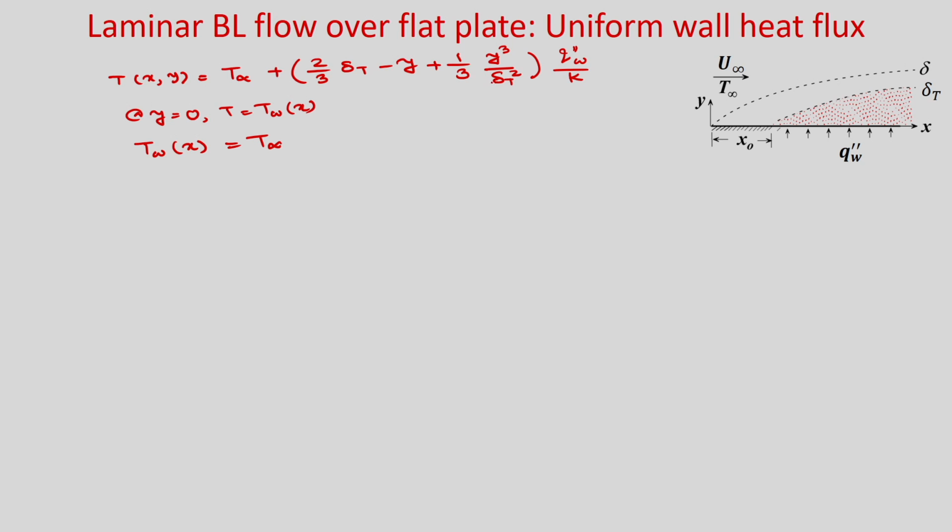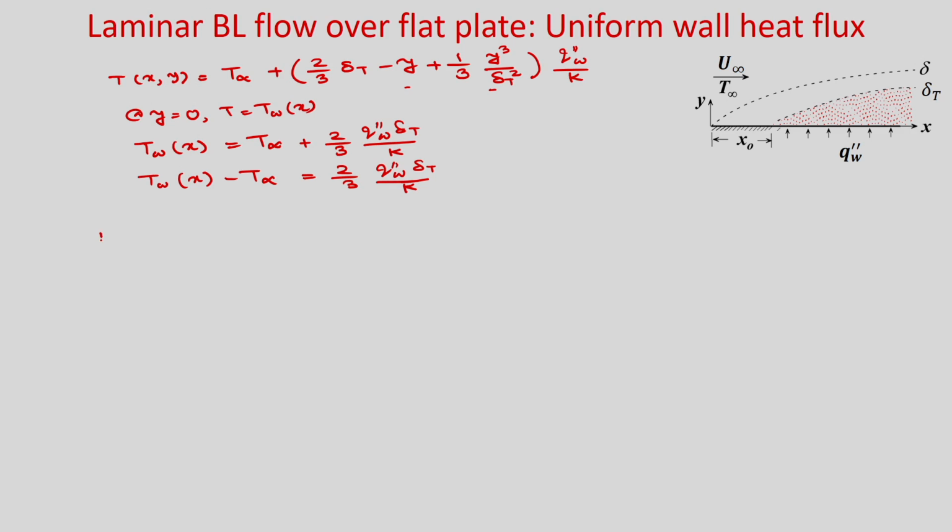If you put y equal to 0, these two terms will become 0, so you can write 2 by 3 q double prime w delta T by k. Also you can write T w(x) minus T infinity as 2 by 3 q double prime w delta T by k.